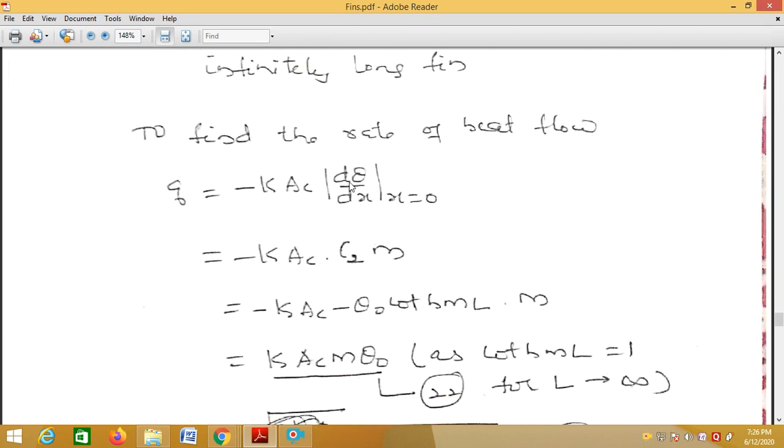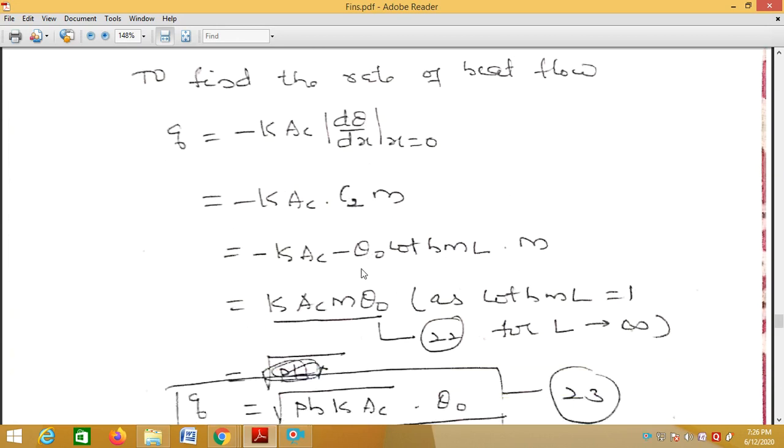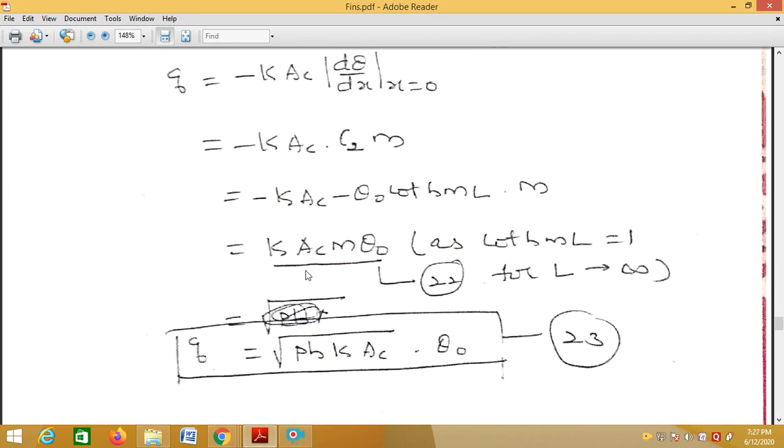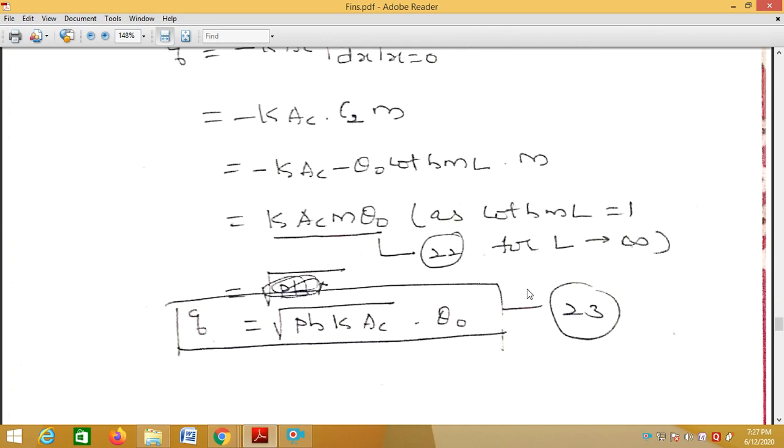Again, we are interested to find out the rate of heat flow. Q equal to minus k Ac d theta by dx at x equal to 0, and d theta by dx at x equal to 0 is C2 m. Substituting C2 equal to minus theta 0 coth mL, we get k Ac m theta 0 coth mL. As coth mL equal to 1 for L equal to infinity, we get Q equal to root of hP k Ac theta 0.